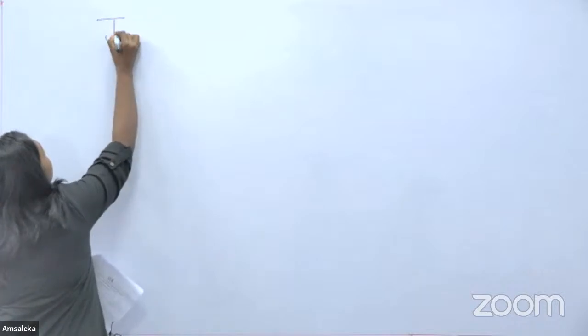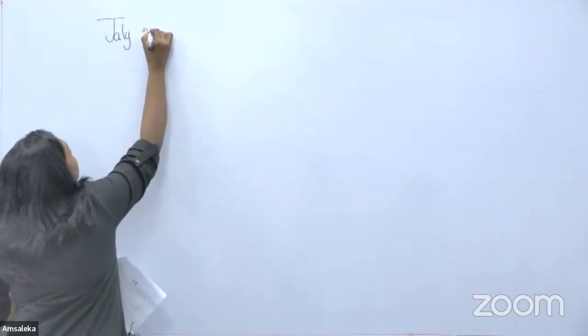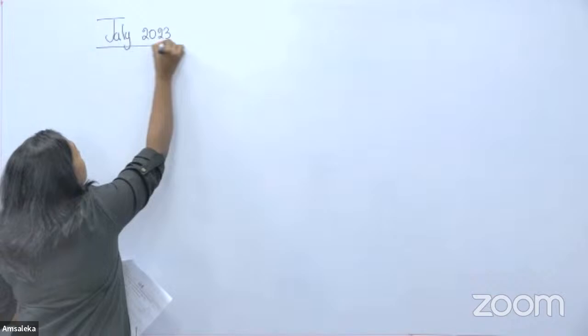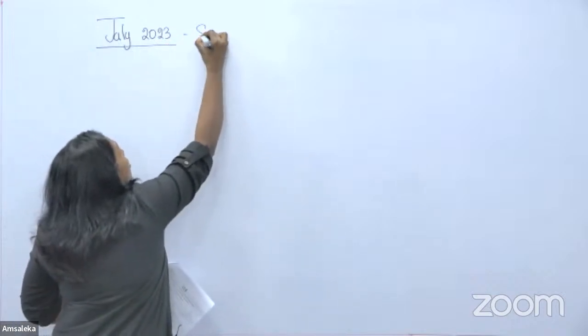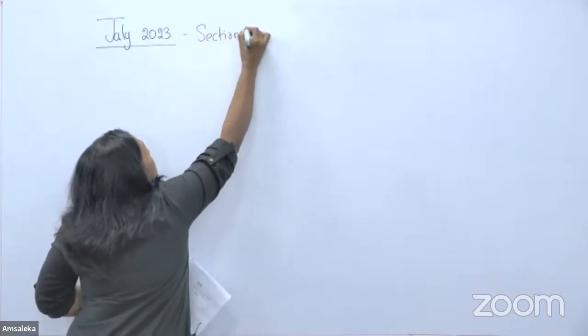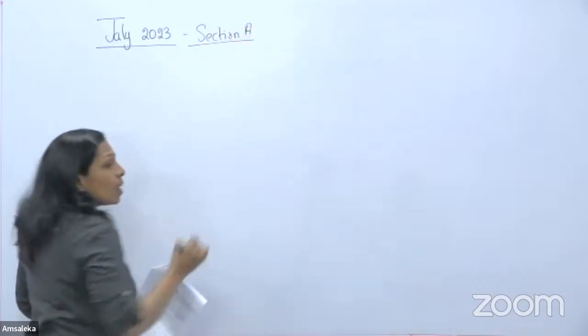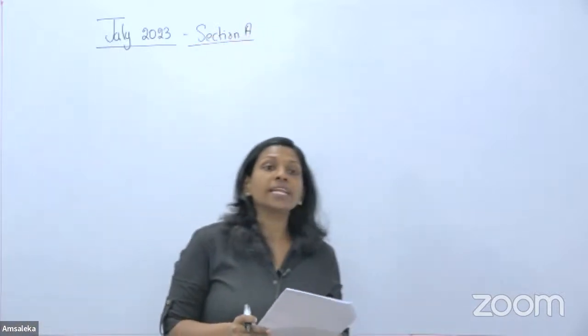So very first, I'm going to discuss the July 2023 paper. From this paper, we are going to discuss section A. It's about MCQs, but here they say objective test questions.